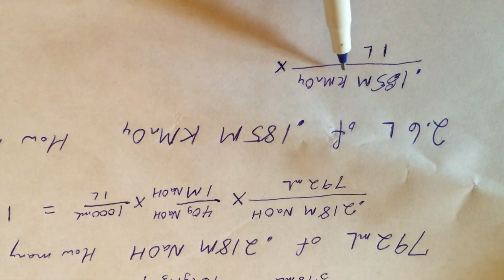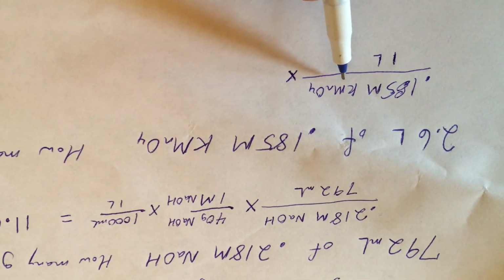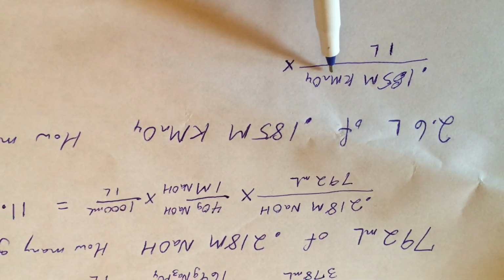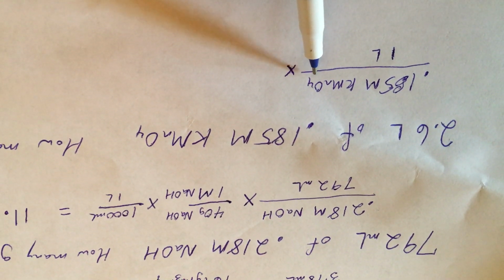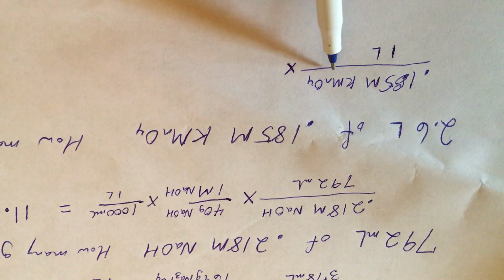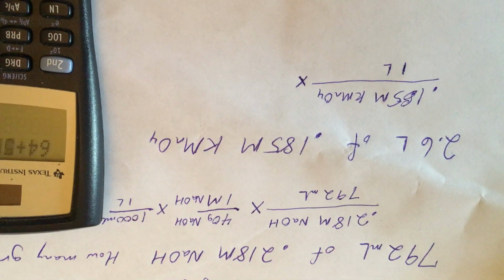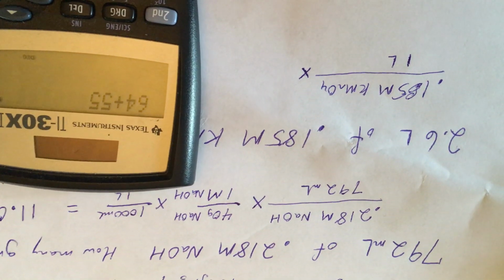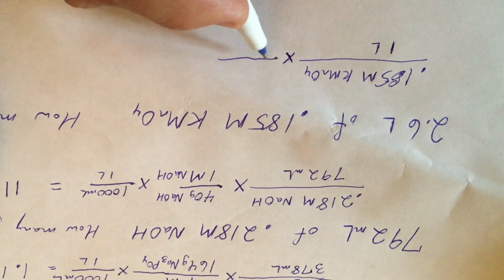Now, what is my molar mass of potassium permanganate? Potassium's 39, and I have a manganese, which is 55, and then I got 4 oxygens at 16 apiece, so 64 plus 55 plus 39. And we're dealing with a molar mass of about 158.